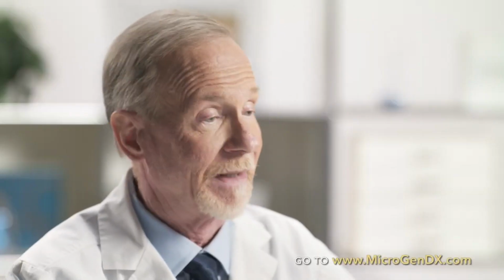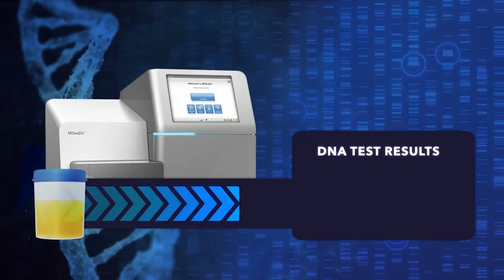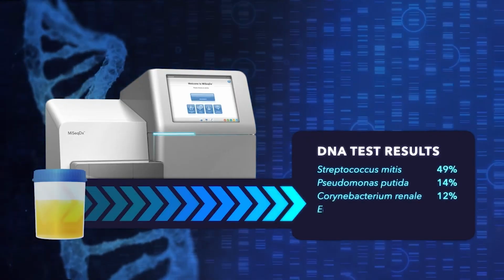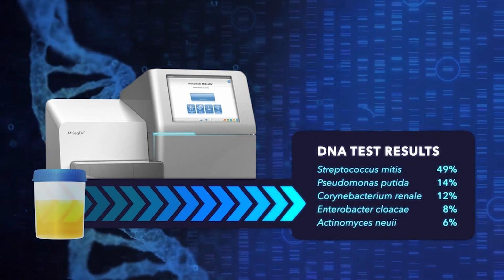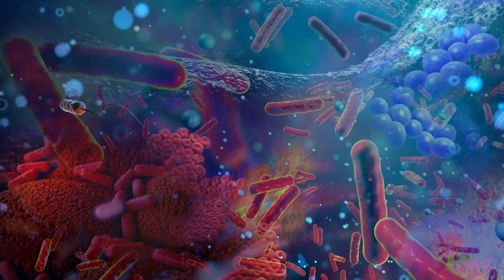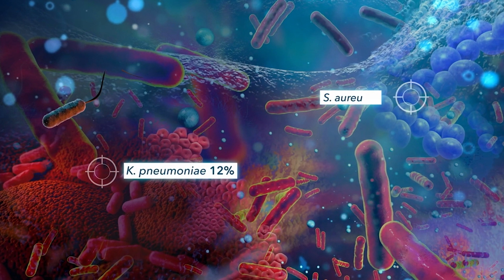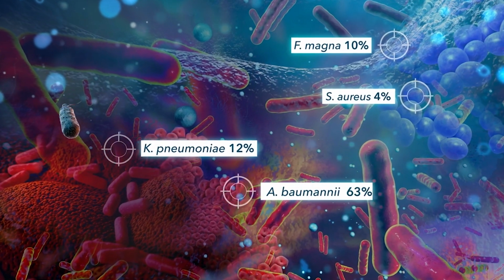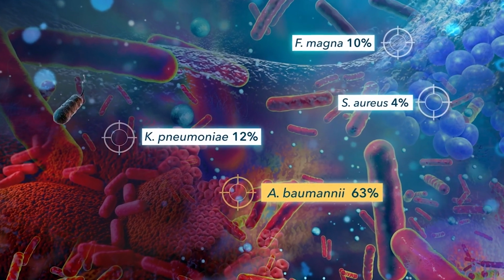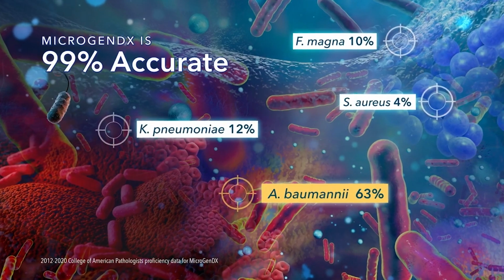Cultures have shortcomings. Every day as I would see my patients, I knew I wasn't helping them because we were limited by traditional cultures. MicroGenDX is a better test than culture because it uses the DNA from your urine, sinus, wound, or other infected sample and matches it to their database of more than 50,000 species of bacteria and fungi with 99% accuracy.